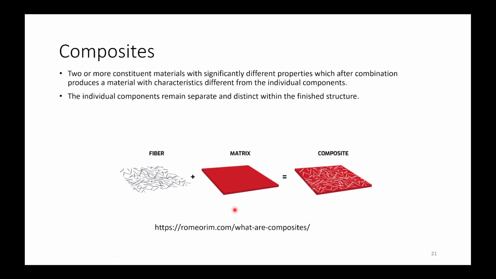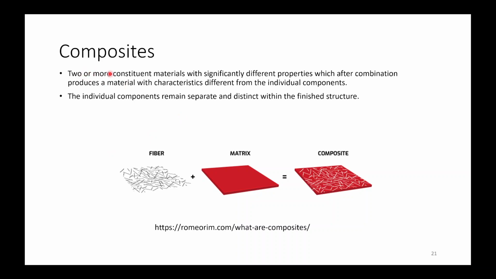In case of composites, they are generally mixtures of different categories of engineering material classes. These can be a mixture of either metal, polymer, like that.